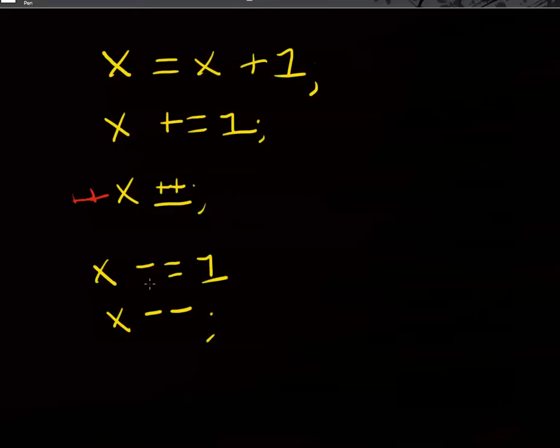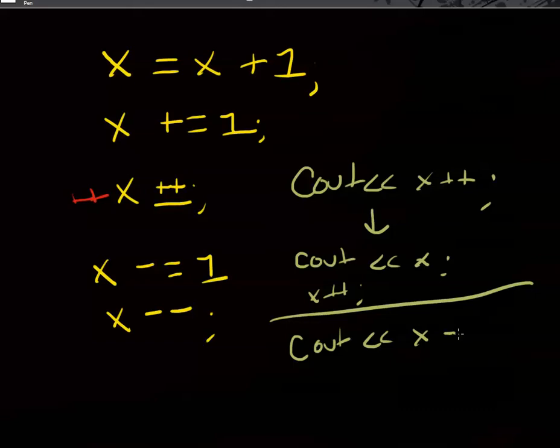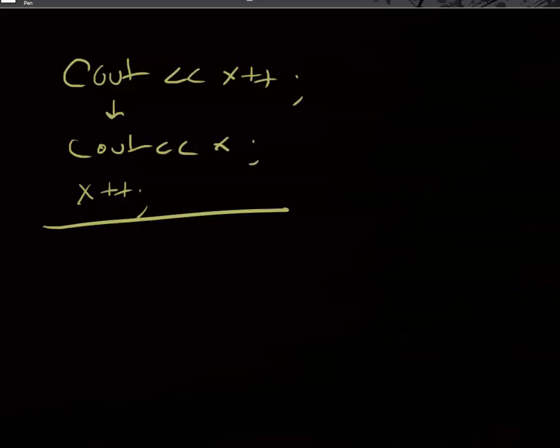So, to make this a little more clear, if I have cout x plus plus, that would be the equivalent of doing a cout operation and then incrementing.